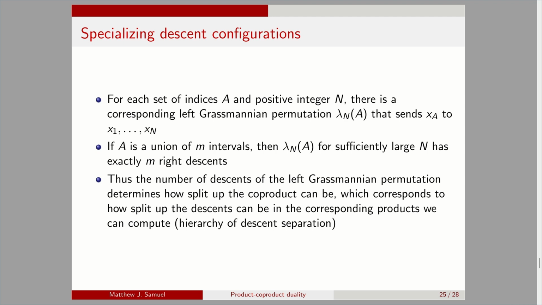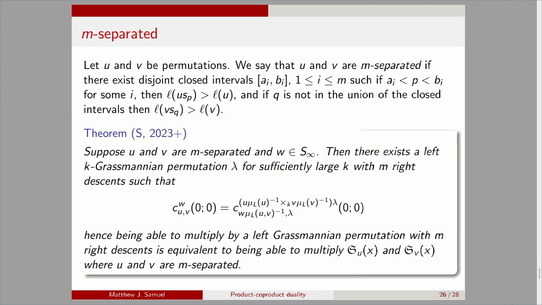So m intervals, m right descents. The number of descents of the left Grassmannian permutation determines how split up the coproduct can be, and this corresponds to how split up the descents can be in the corresponding products we can compute. We will discuss a hierarchy of descent separation given by this.